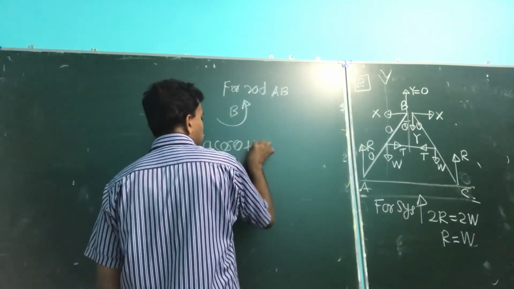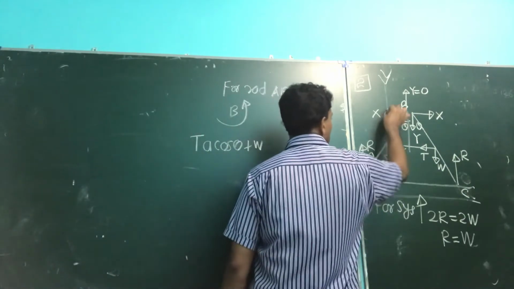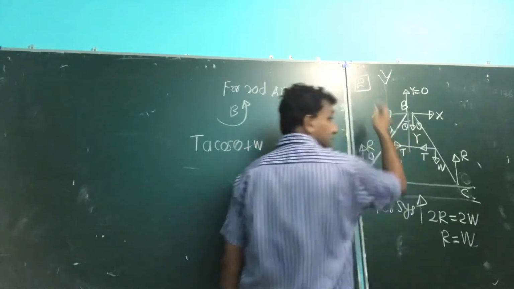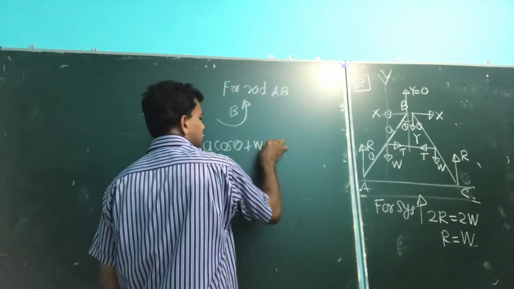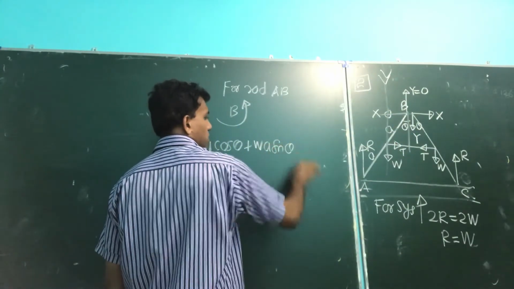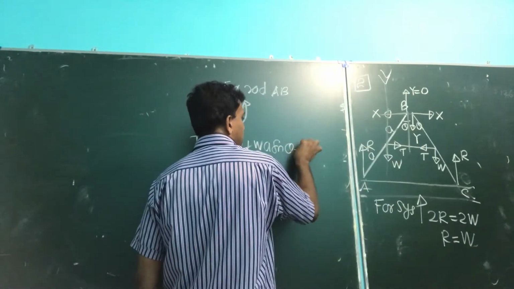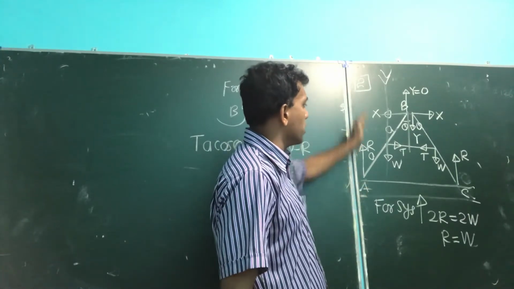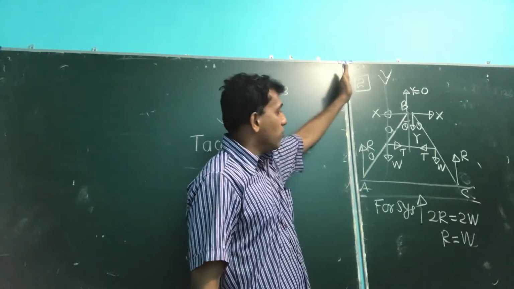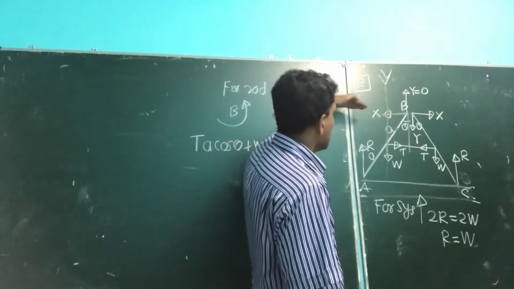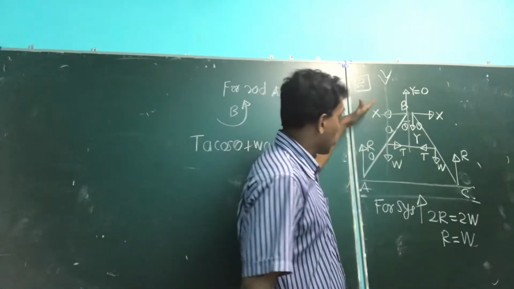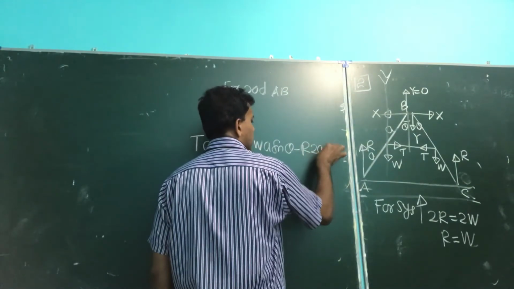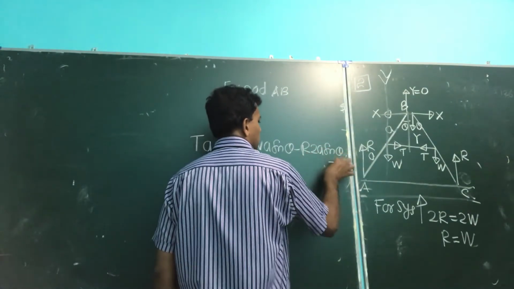Plus W into the distance, which is A sin theta. Minus R into the distance of the line of action of R, which is 2A sin theta, equal to 0.